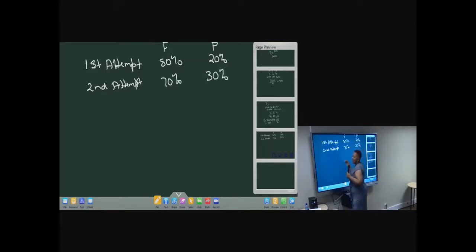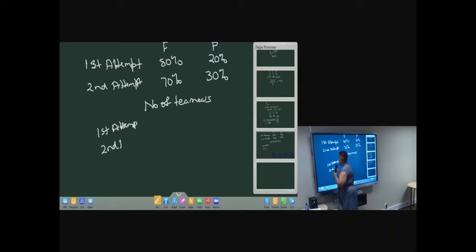And then there was a following table, which was the number of learners in each category. On number of learners, once more, it was first attempt and then second attempt. The question had about 6 marks.